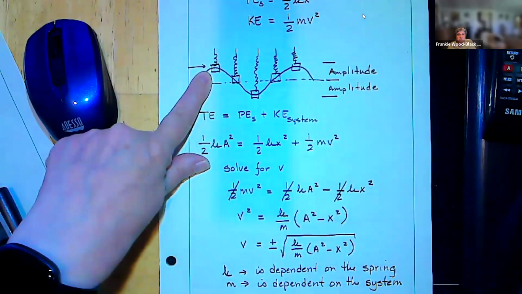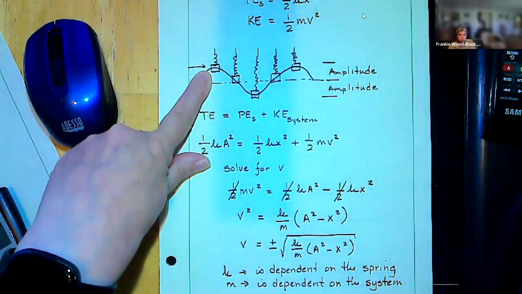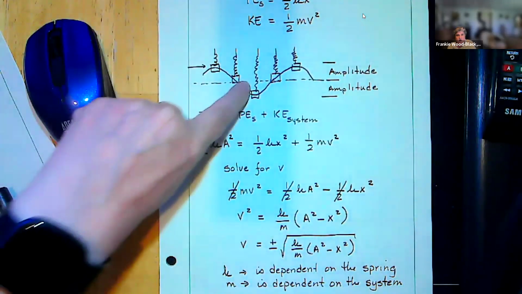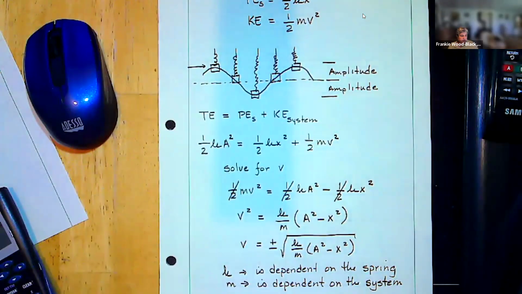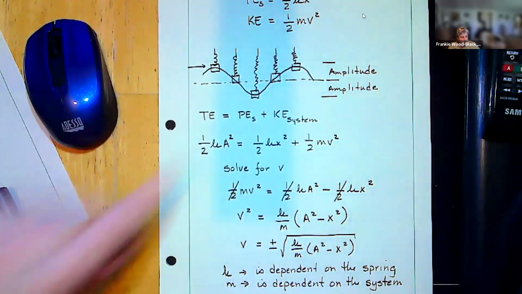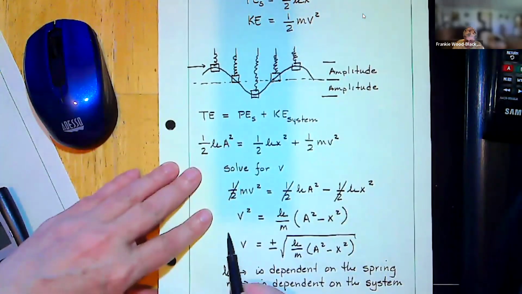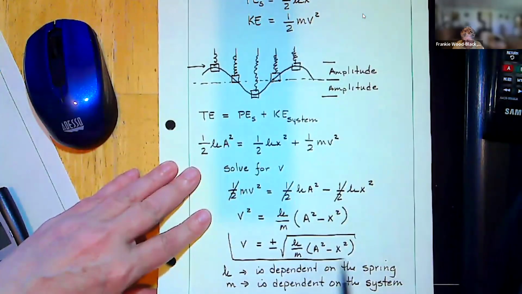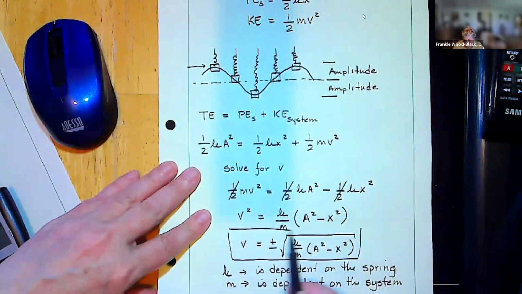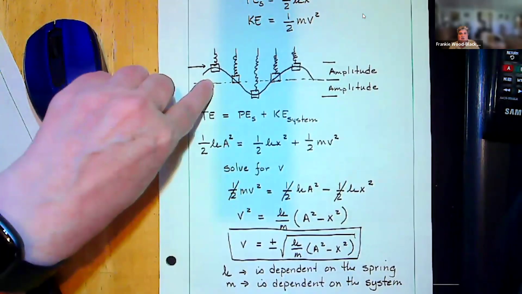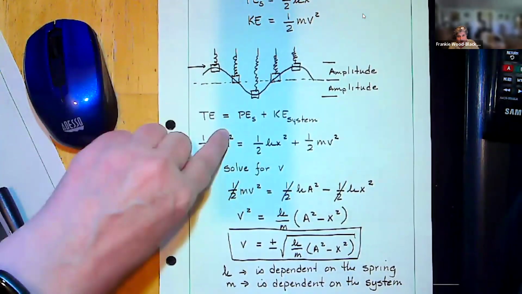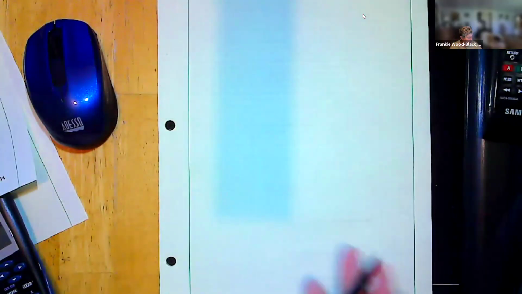So how fast this is going to bob up and down is dependent on how we configure the system. And that's going to be really interesting as well. Let's go back. So this is a cool result. And the plus or minus tells you whether I'm on the way up or I'm on the way down. So we do have that direction.